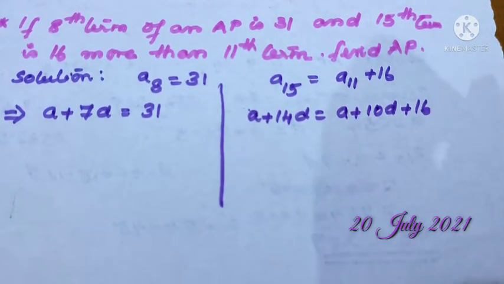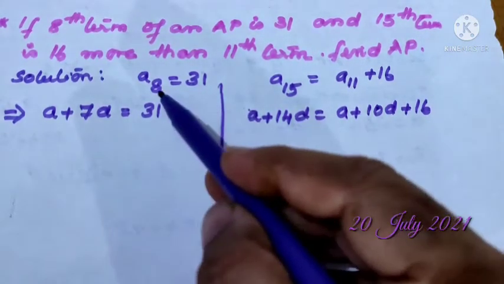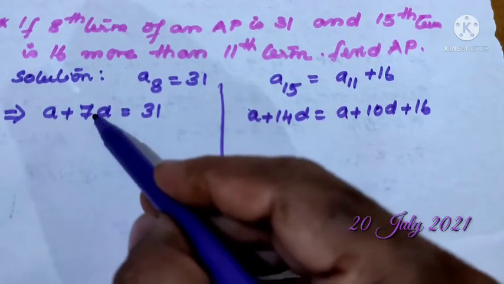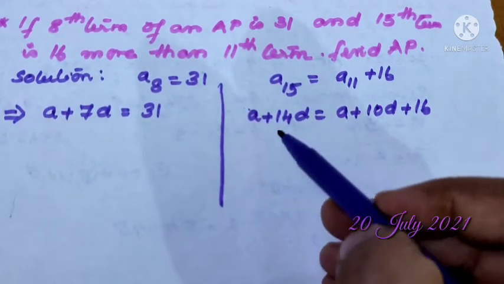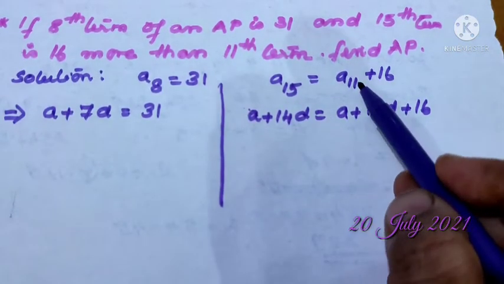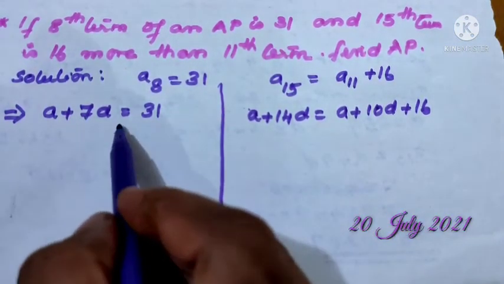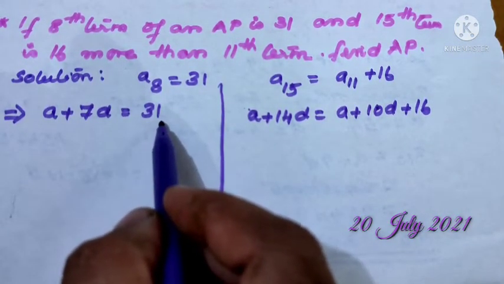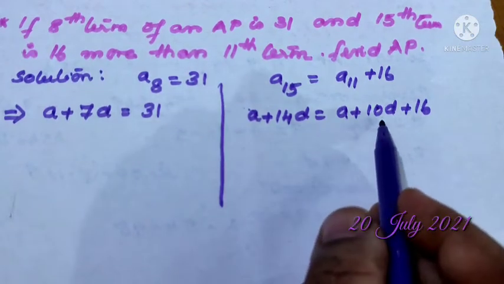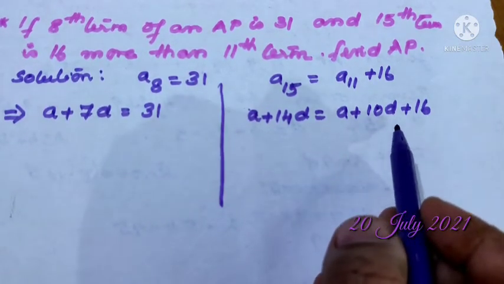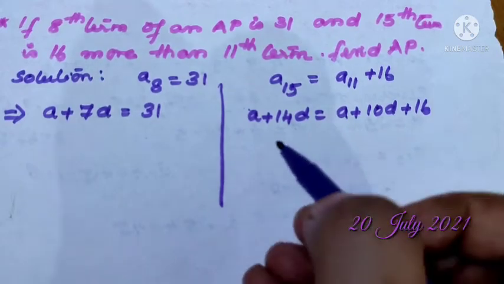So directly we are using our nth term. So understood? When we say A8, it is A plus 7d. When we say A15, it is A plus 14d. A11 means A plus 10d only. Now A plus 7d equal to 31 is equation 2, and A plus 14d equal to A plus 10d plus 16 is equation 1. Let us simplify this.